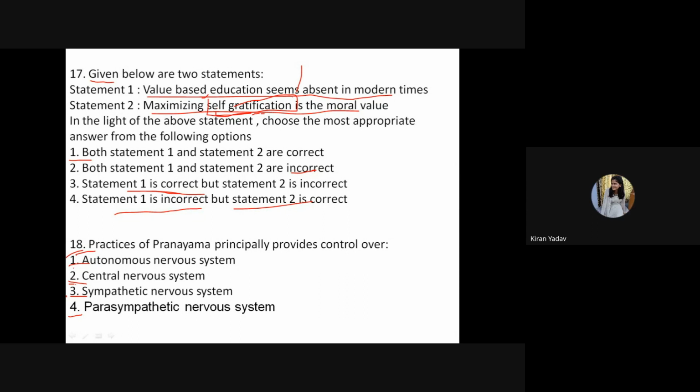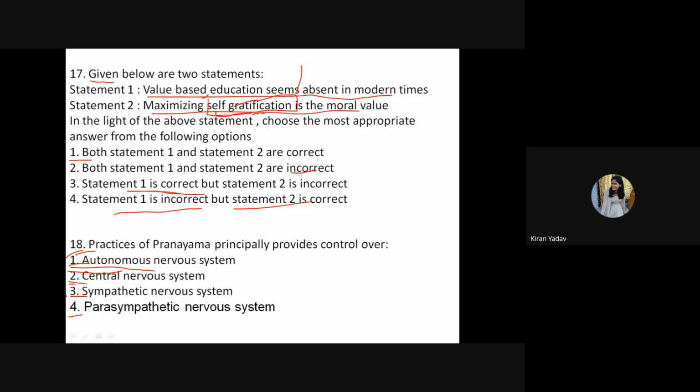No, if it provides you control over autonomous, then both parasympathetic as well as sympathetic will be in control. Yeah, I forgot, ma'am, that autonomous contains both of them. That's why I think so. Yes.